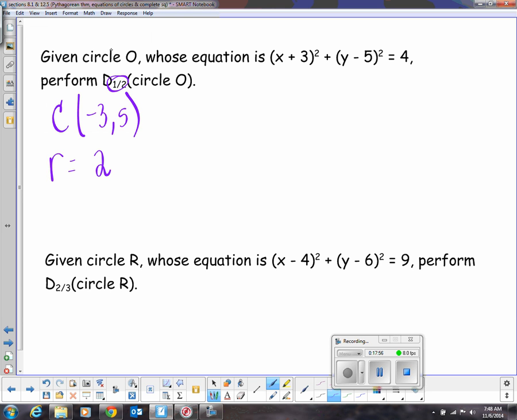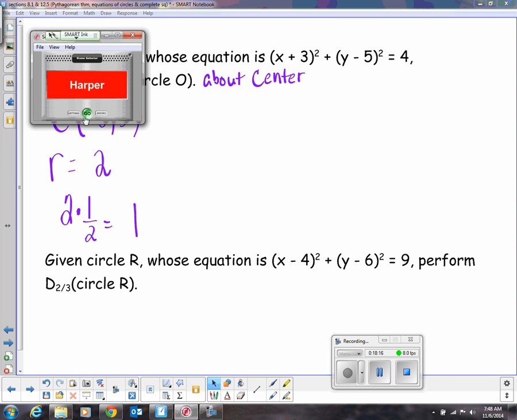Now, if we're going to dilate about O, its center, about the center, all we mess with is the radius. I'm going to take the radius, I'm going to multiply it by 1/2, and what will I have? 1. So I did not translate. What's the equation now for my new circle?